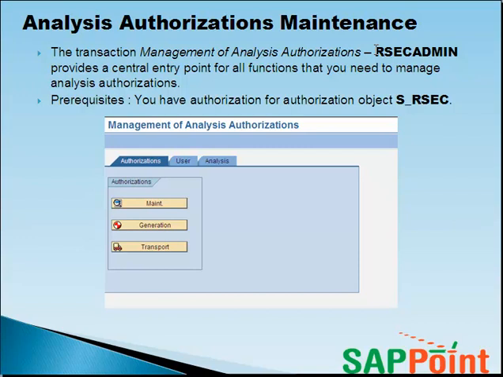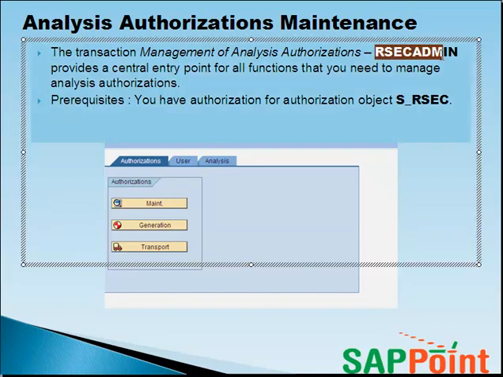The transaction RSSM trace that we use for troubleshooting in BW is obsolete. We don't need those two transactions anymore in BI. Whatever you could do in RSSM and RSSM trace, you can do the same thing using RSECADMIN. So RSECADMIN replaces both RSSM and RSSM trace in BI.